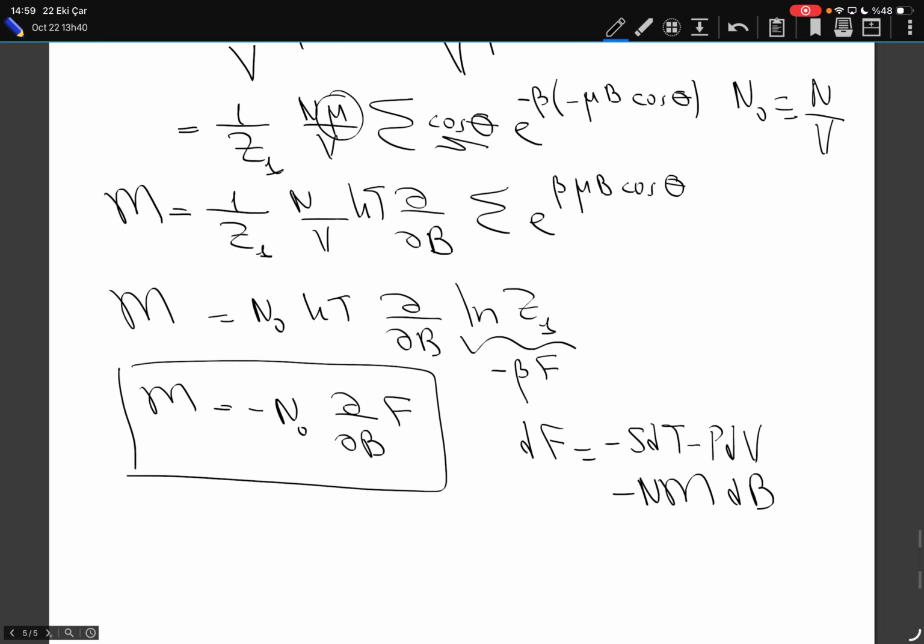Now I have another degree of freedom, the external magnetic field. If I change the external magnetic field by dB, the change will be given by the magnetization, the total magnetic moment of my system, which is the magnetization times the size of the system.